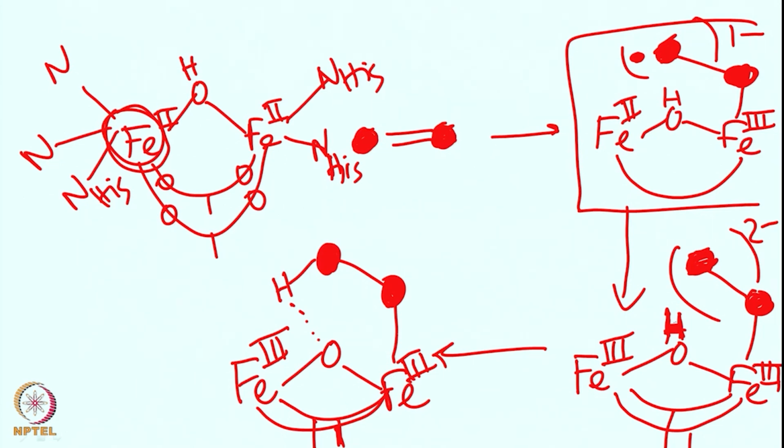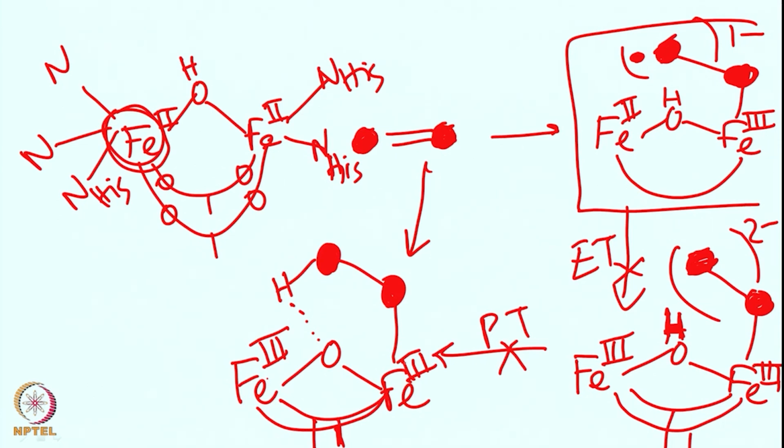So, this is a proton transfer. The way I have shown you is electron transfer first and then proton transfer. Perhaps that is not what happens; it is going to be proton coupled electron transfer, directly forming. One electron from this side, another electron from that side makes it iron 3 peroxo, and then protonation, so all of them happen immediately.